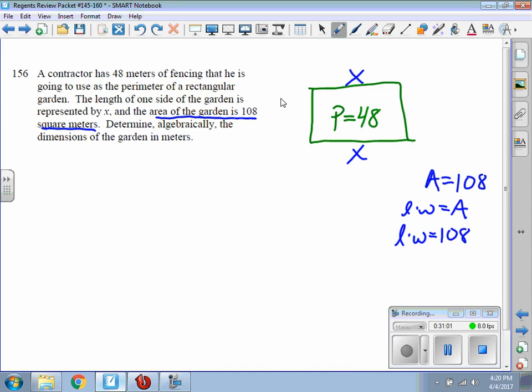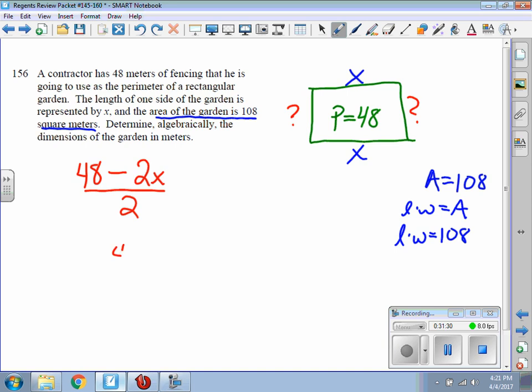So let's go ahead and let's take 48, take out the two sides that we know. Well, we've got two x's, so let's take out two x's. That would get us whatever's remaining for the width. But there's two widths. So whatever we get when we have the 48 and we take out the two lengths, we would then divide that by 2.